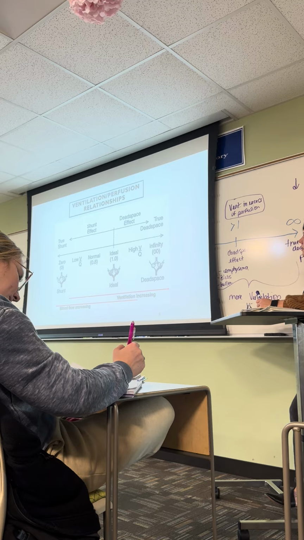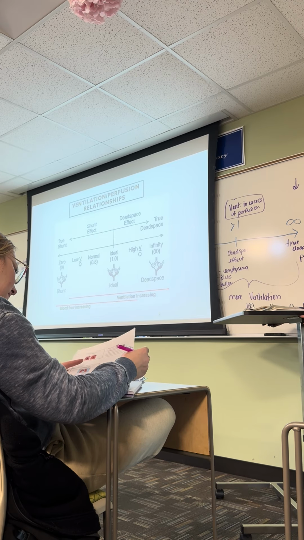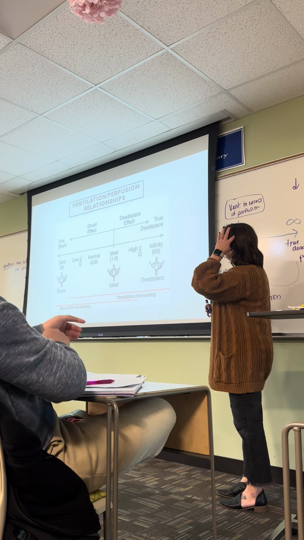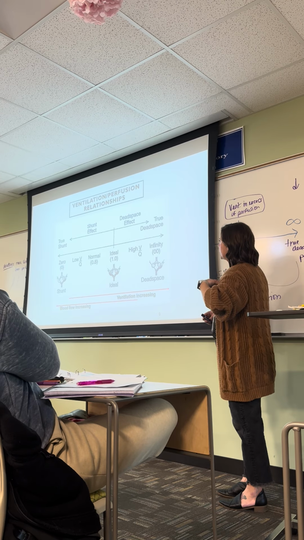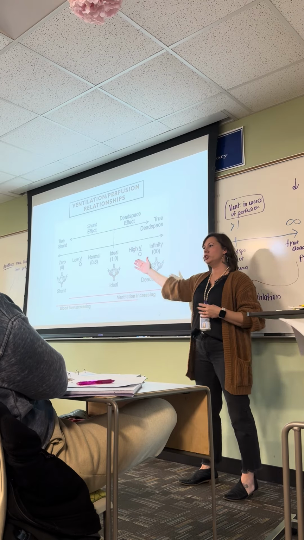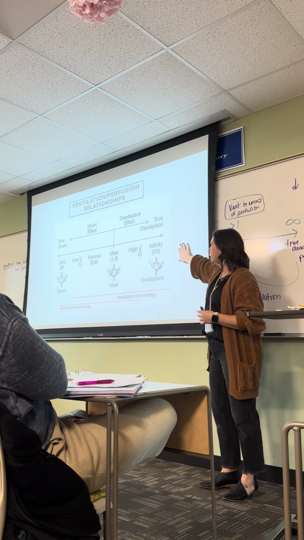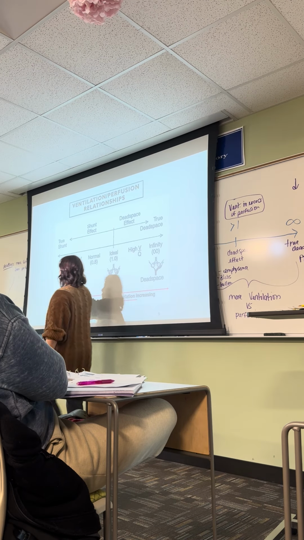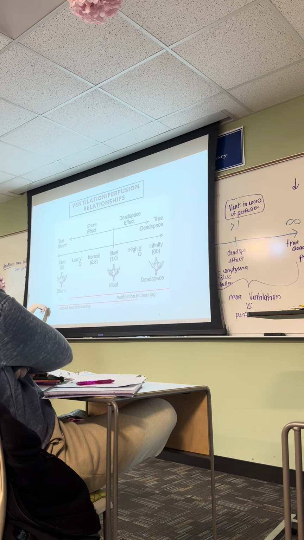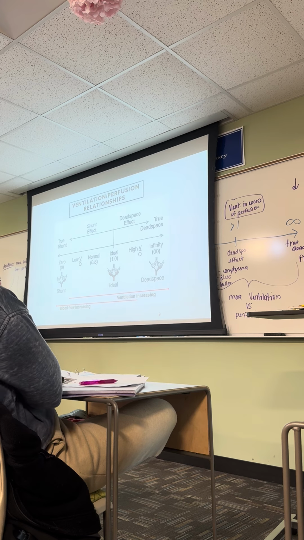So this is that fun little line that we have here. So ventilation to perfusion relationships. Remember, on either side we have the true, whether it be shunt or dead space. Okay. So over here, you can see that we have our poor little sad alveoli that has shriveled up.